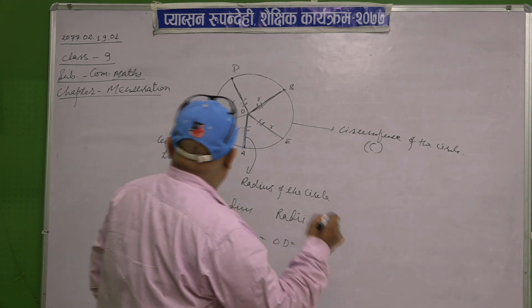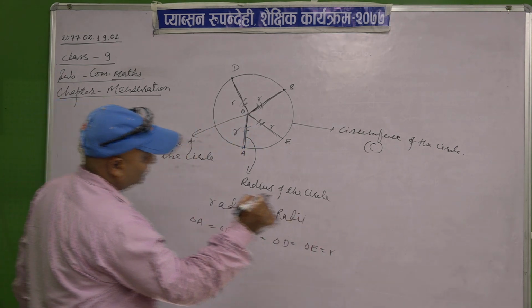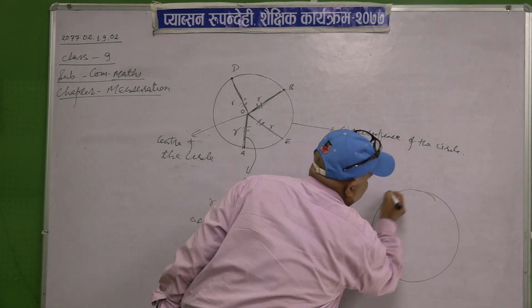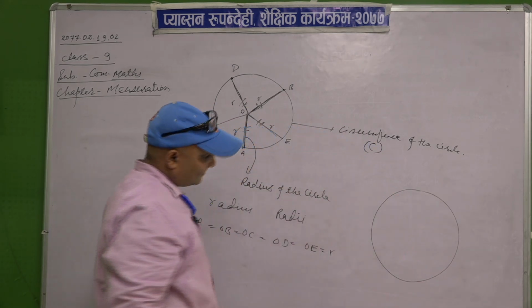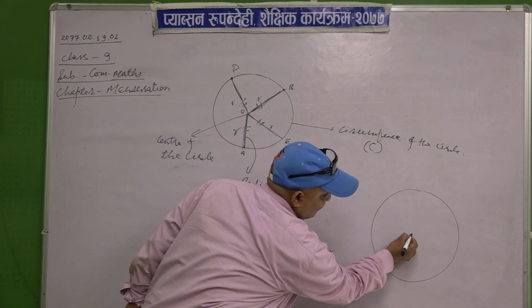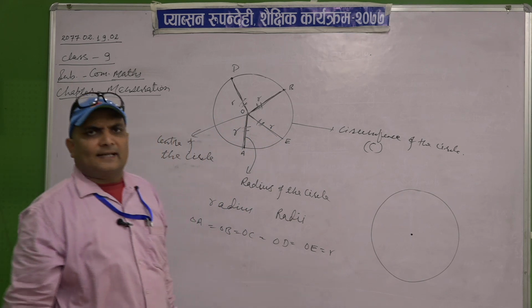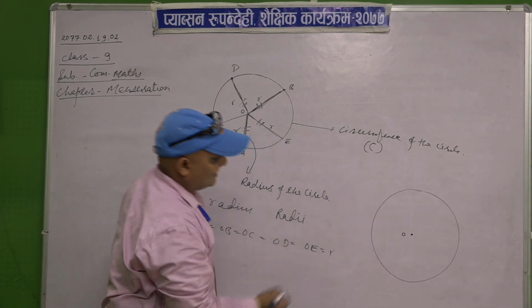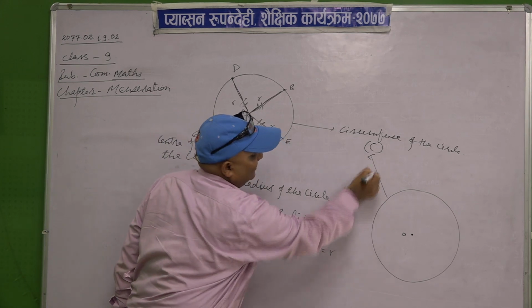Now take another figure. This is a circle. Again take one point here. This is the center of the circle, O. This is the circumference of the circle.